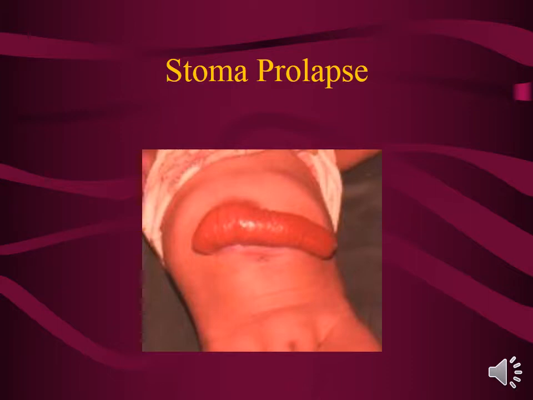It can be digitally pushed back into place, and sometimes there are some devices to kind of hold that in place, but honestly it's really usually just protecting that stoma, because once they cry it just is going to push back out.